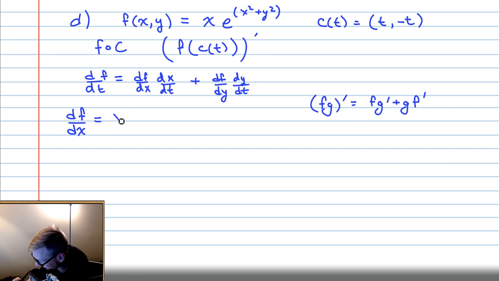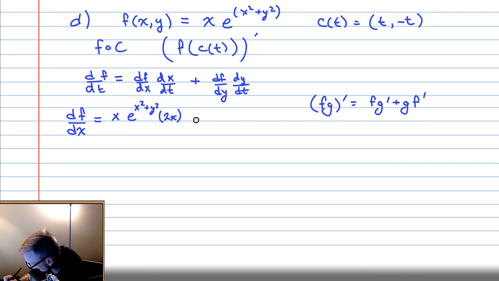If x is our f, the derivative gives us just an x in front. Derivative of e to the x squared plus y squared, we hold y squared constant. So we would have e to the x squared plus y squared, and then the chain rule of single variable would give a 2x in front, because you take the derivative of the exponent.